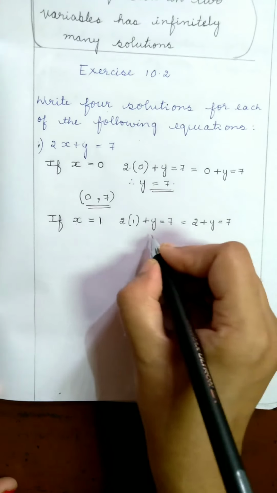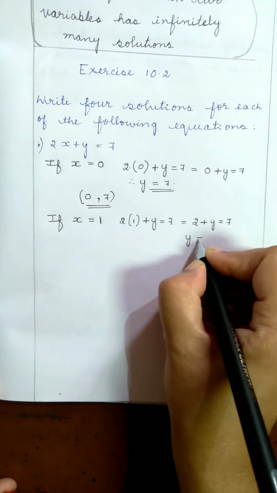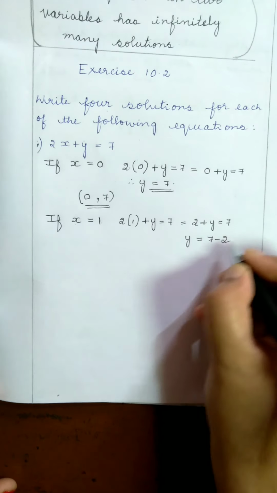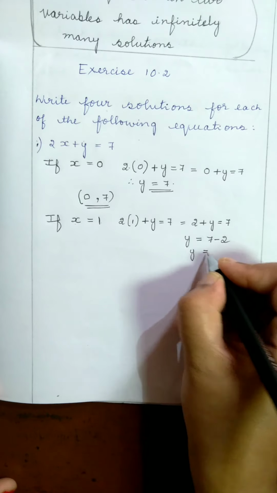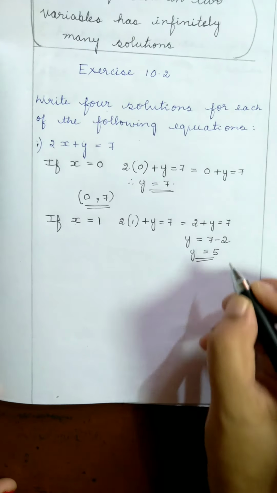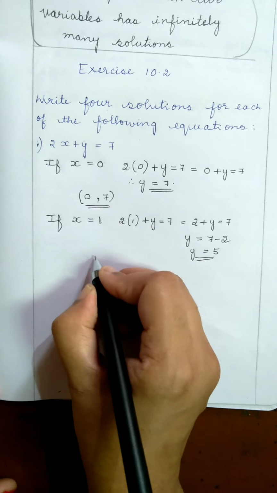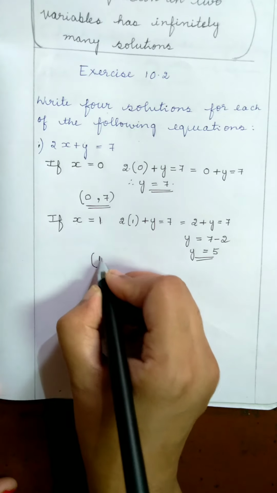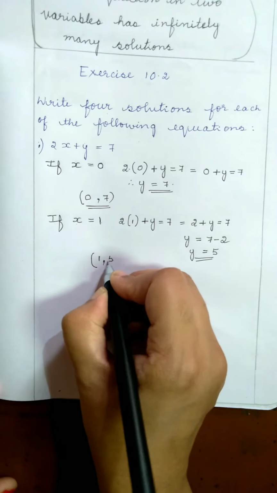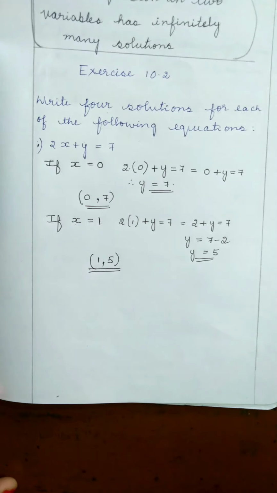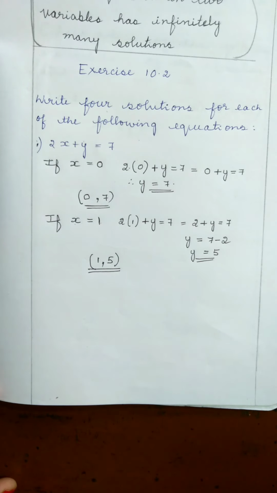Now we want the value of y. y is equal to 7 minus 2, since 2 becomes minus 2 when moving to the right side. The value of y will be equal to 5. Therefore, the solution is x equal to 1 and y equal to 5.